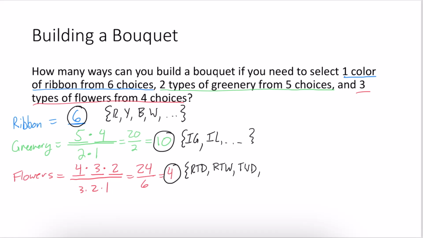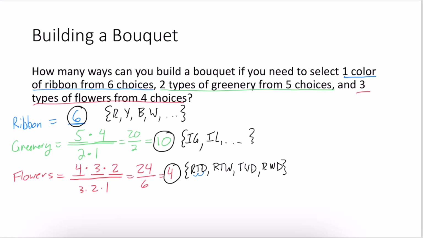Or roses, wisteria, and daisies is the other one I don't have yet. And so those would be the 4 items in that sample space. And again, you could rearrange these letters in between, in the sets of 3, because the order doesn't matter. But those would be the 4 unique groups of 3 types of flowers that you could choose.